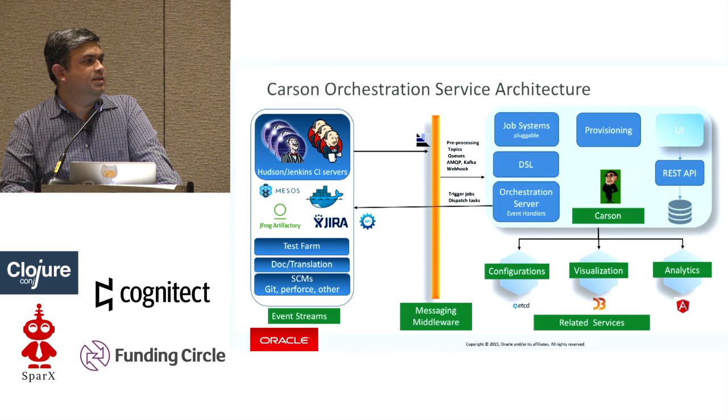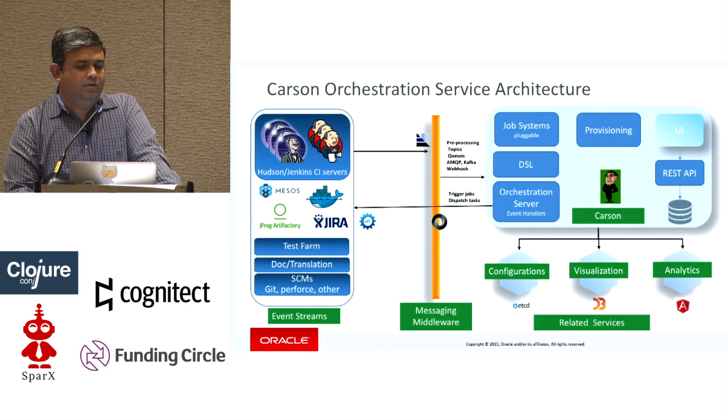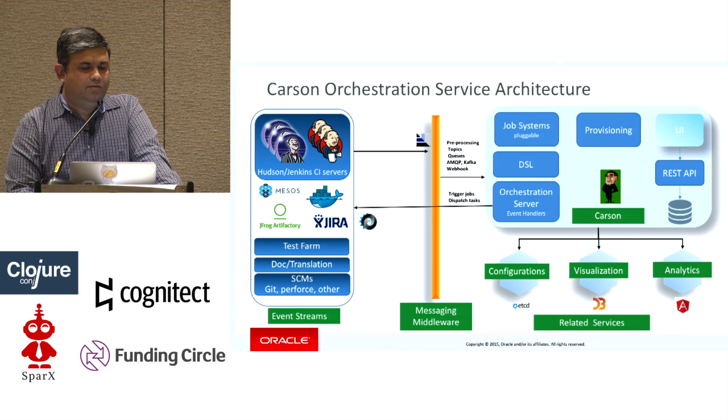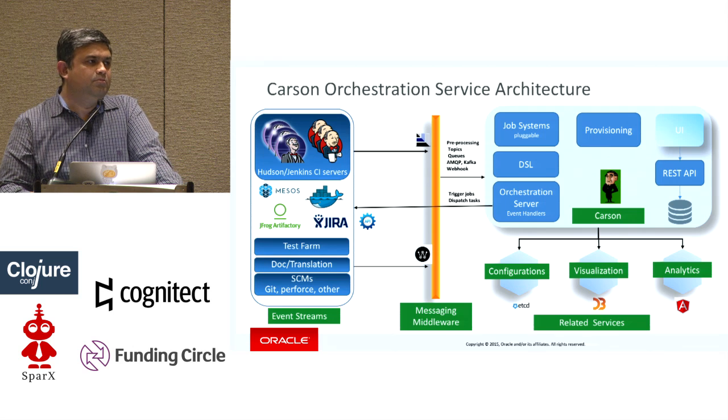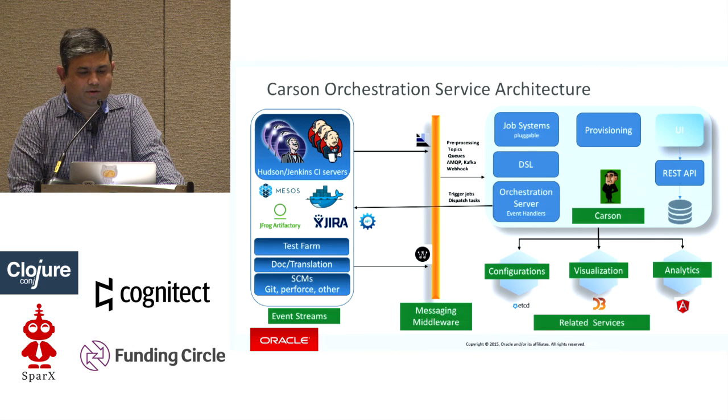So for example, if it's a Hudson job, there would be an endpoint which would allow us to trigger a job on Hudson. Similarly, if you're sending the message to a webhook, the concept is still the same. We just send a JSON payload to that particular endpoint, and that triggers the downstream workflow.